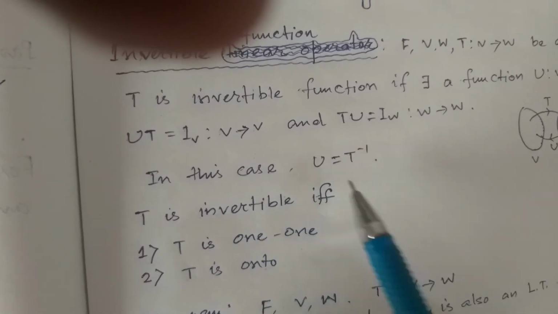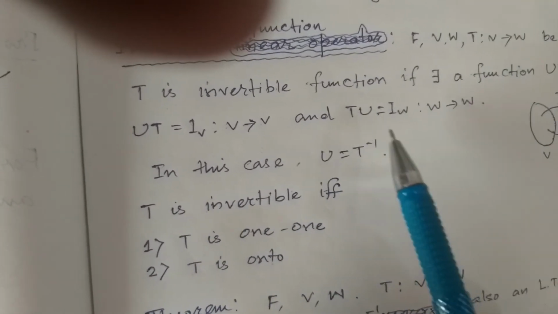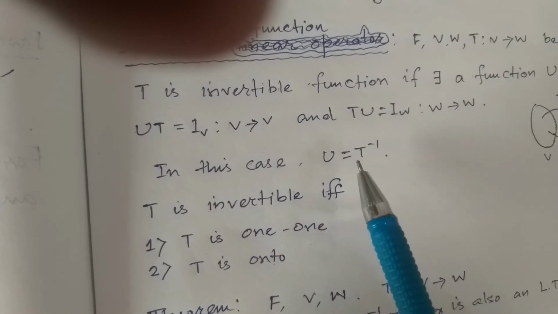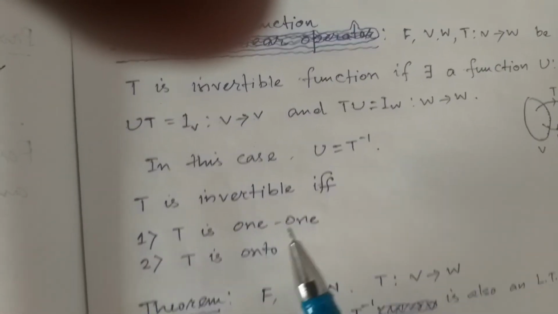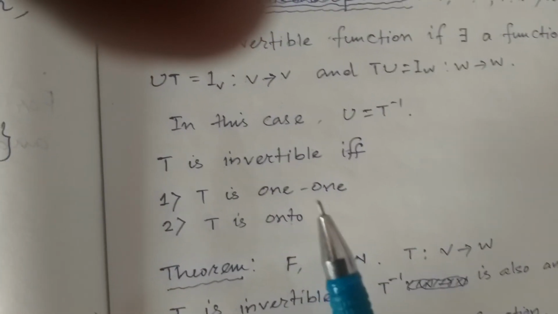In this case, U is called the inverse of T, and U is written as T inverse.